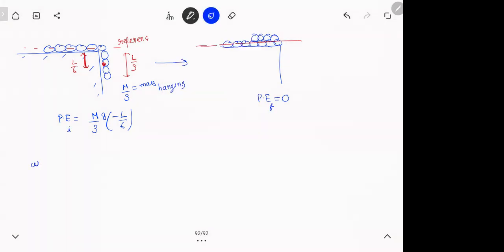So what is the work done by all forces? Work done is change in potential energy plus change in kinetic energy. This is 0 because there is no velocity. So work done, final minus initial, is 0 minus of minus mg L by 18. That's your answer. So you need to do mg L by 18 amount of work to put the chain back.